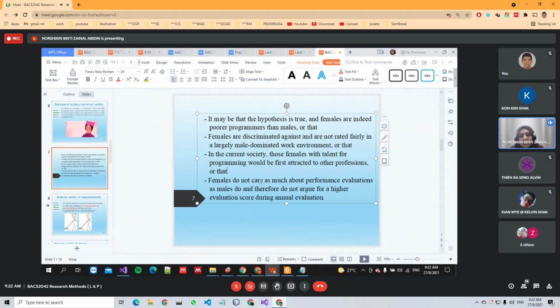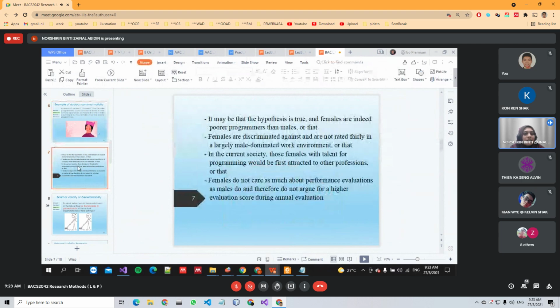And then females do not care as much about performance evaluation as males do, and therefore they do not argue for a higher evaluation score during the evaluation. So this one could be a reason too, that we do not care as much as you guys about the performance evaluation. But actually we do care, because this is an annual appraisal.